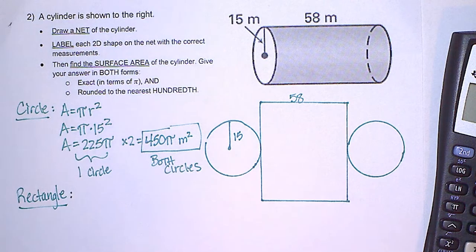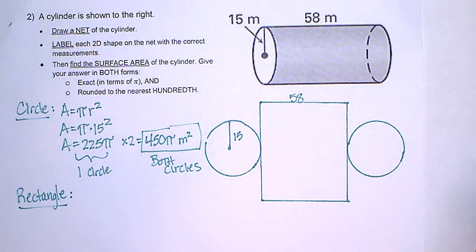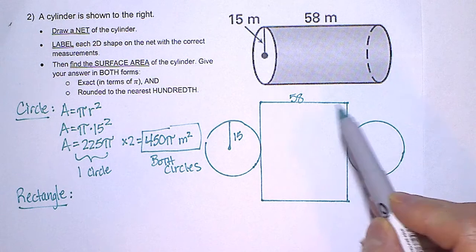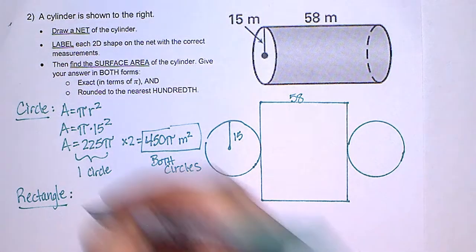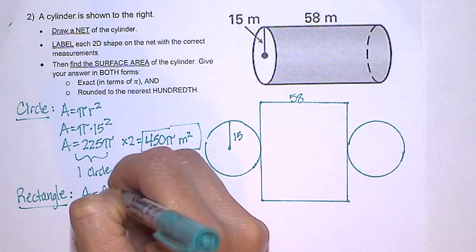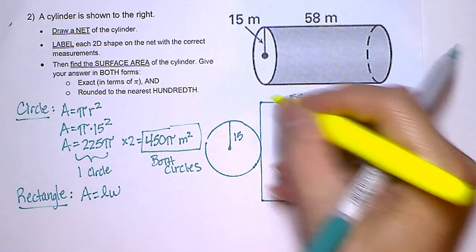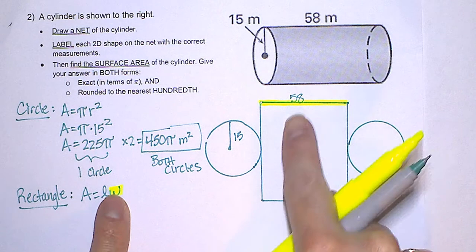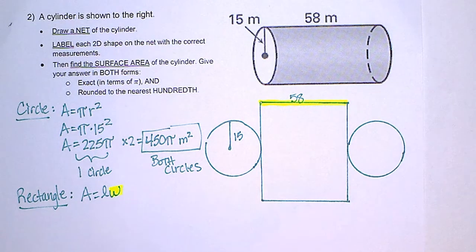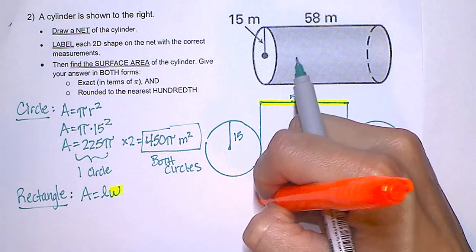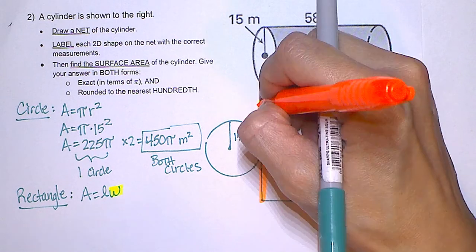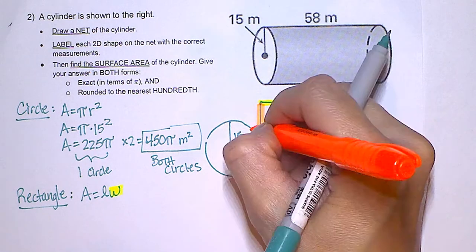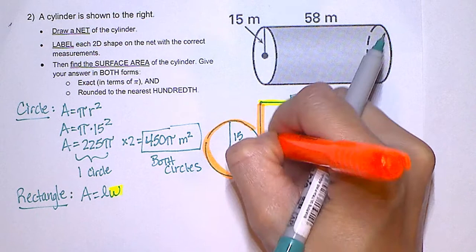Finding the area of a rectangle is easy, it's just length and width, but we only know the width. We have to do an extra calculation. So we already know the width, that's the easy part, that's going to be 58, but I need to find the length. The length of this rectangle is the same as the circumference of the circle.